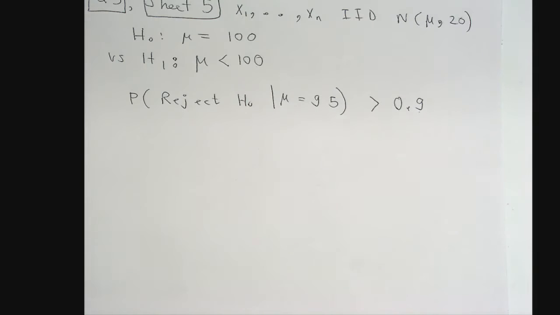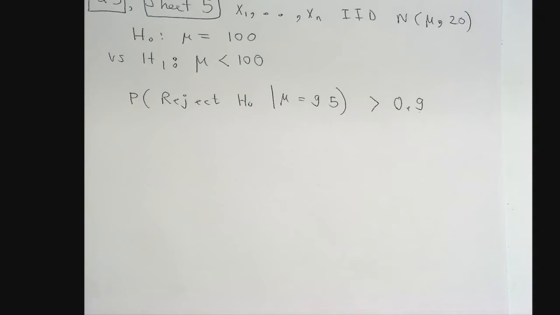If you remember the question from last week, you have this hypothesis that mu is equal to 100 versus mu less than 100, and we want to choose the value for n, the sample size, so that the probability that we reject the null hypothesis when mu is equal to 95 is at least 0.9.